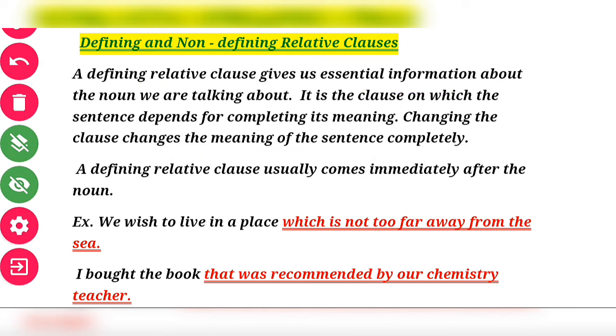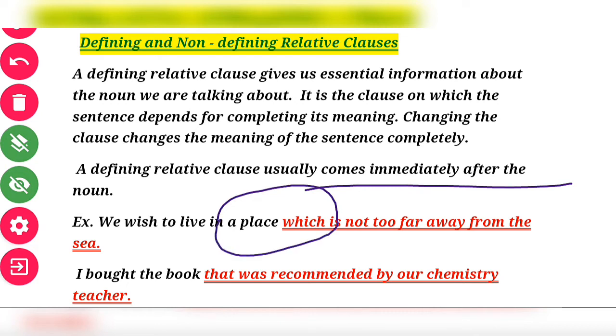See, a defining relative clause usually comes immediately after the noun. See how: We wish to live in a place which is not too far away from the sea. So we are talking about the place. So the place which is not too far. That is why it comes immediately after the noun.